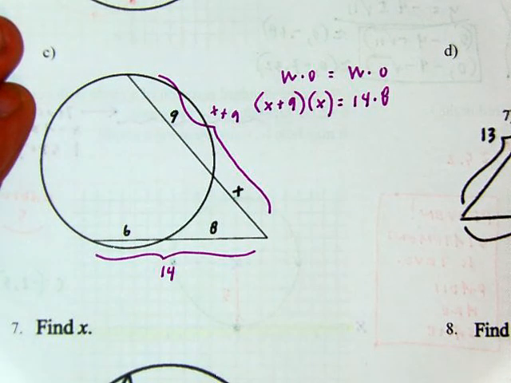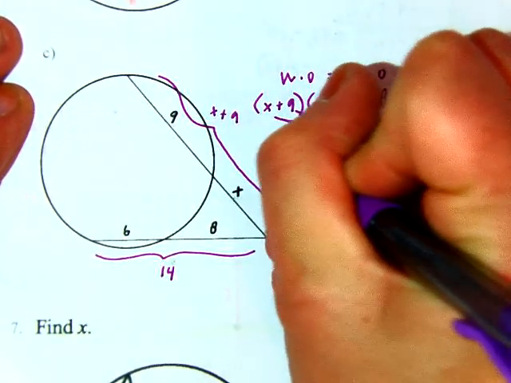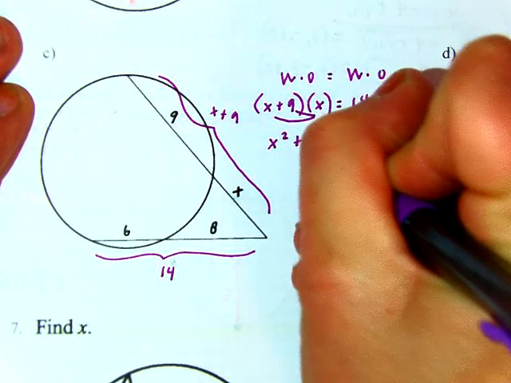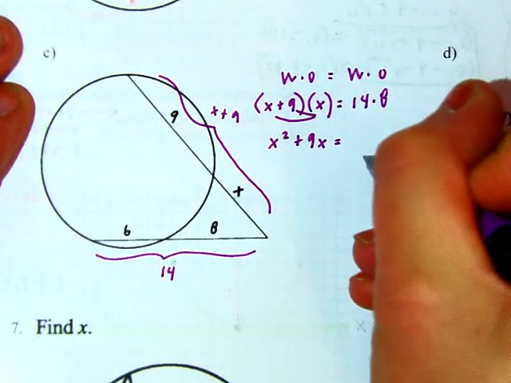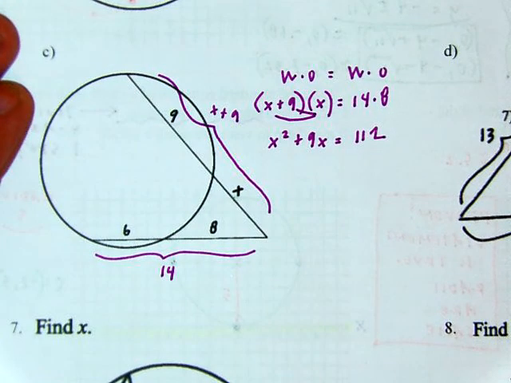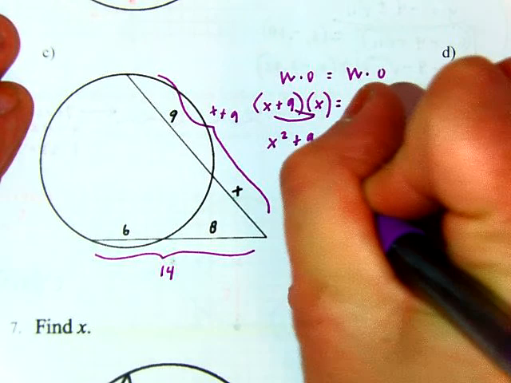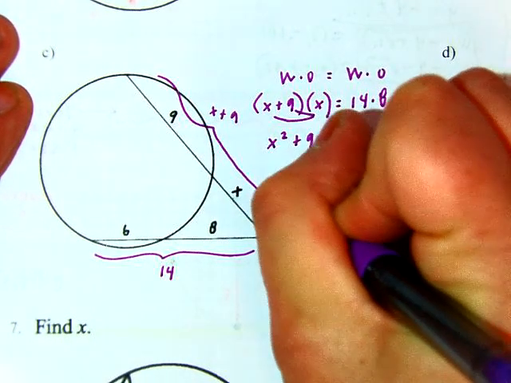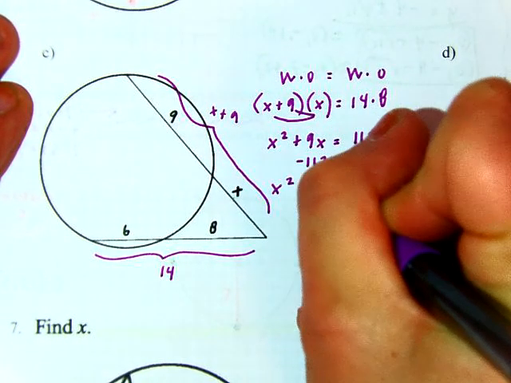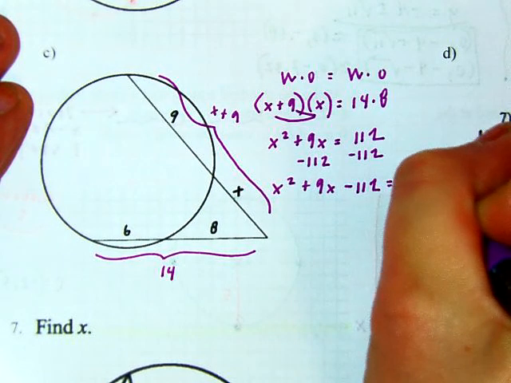So I'm going to have to distribute that x out. So x squared plus 9x is equal to 112. Okay, you can see, oh, it's a quadratic equation. Let me subtract 112 over to the other side. So x squared plus 9x minus 112 equals 0.